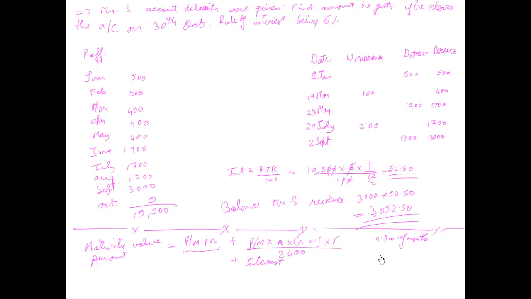Let's see some sums based on this, children. Question says, Mr. J has a recurring deposit account of rupees 2500 per month for a period of 6 years. What will you get at time of maturity?